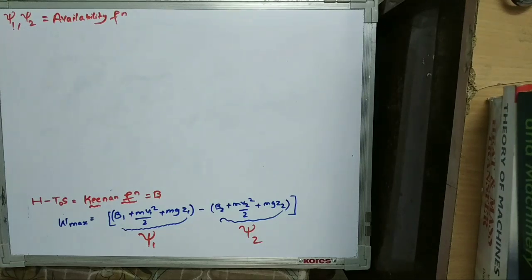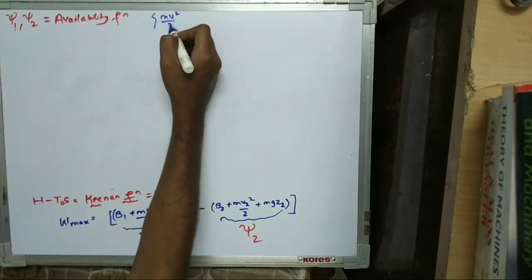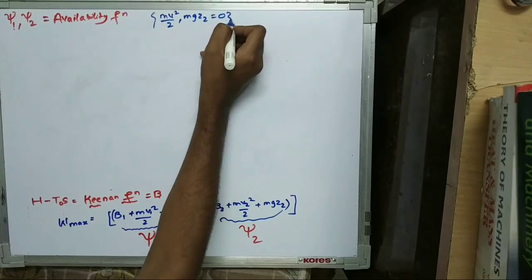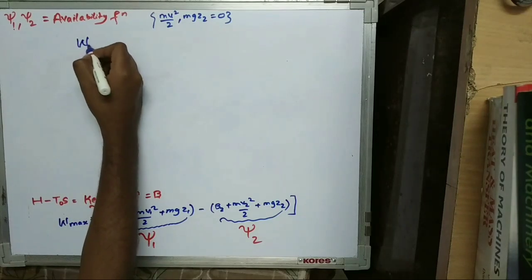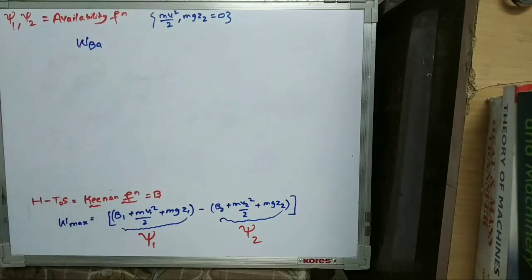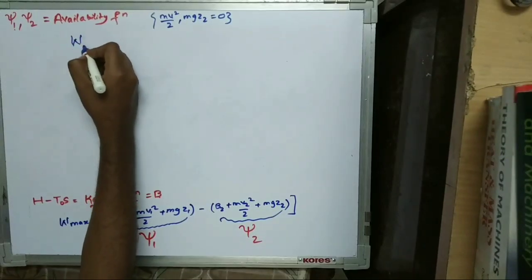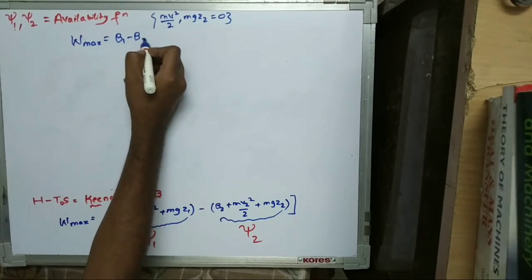Now if we neglect the potential energy and kinetic energy, then the terms mv square divided by 2 and mgz become 0, and the final expression will become W max equals B1 minus B2.